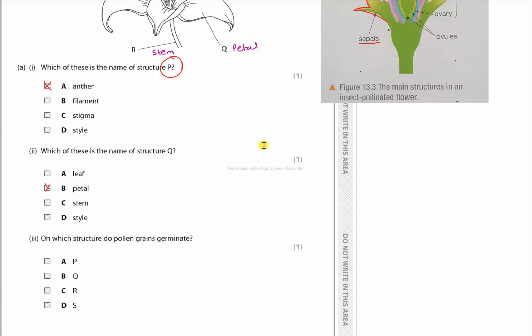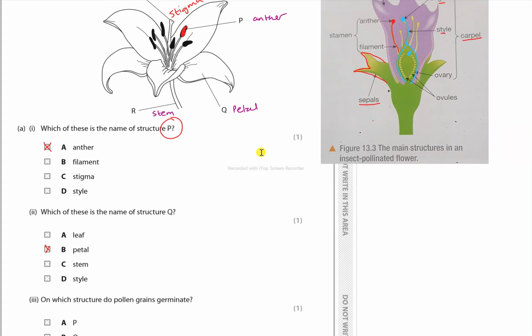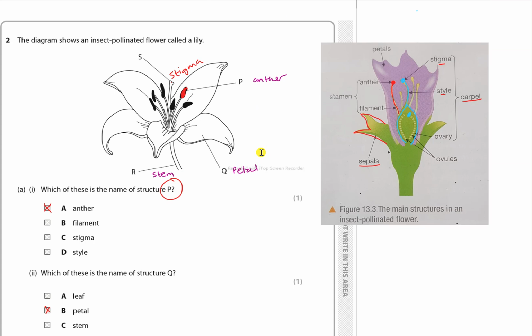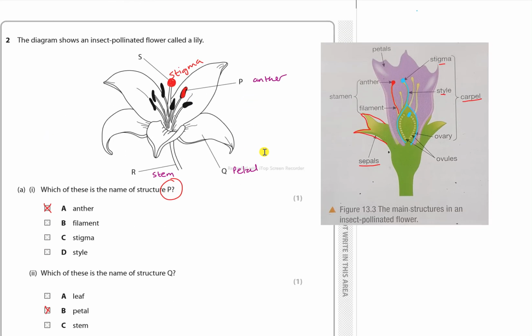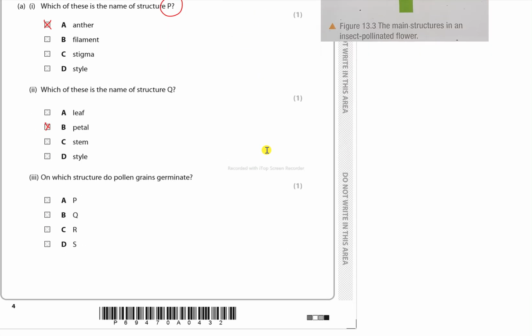Where are they produced, and where do they germinate? There. Okay, stigma. Structure S.